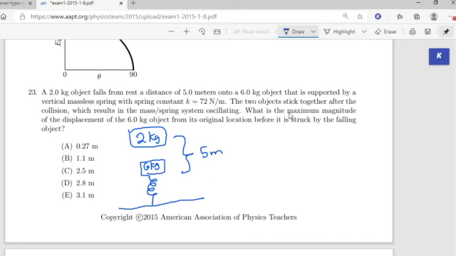This is implying that it's compressed, or the 6 kilogram object was compressed before the collision.